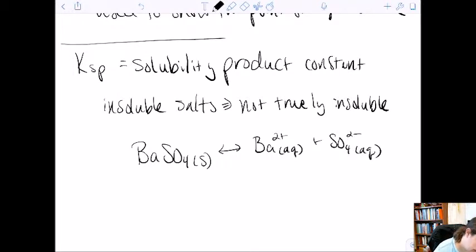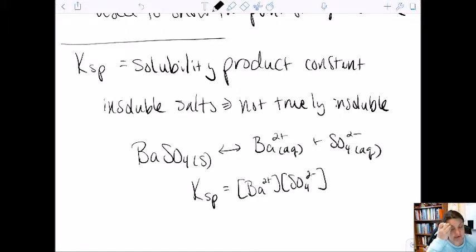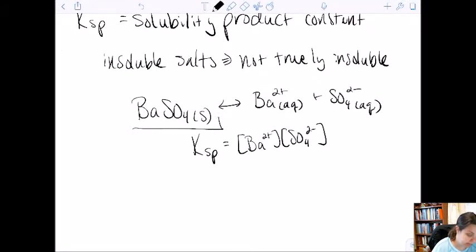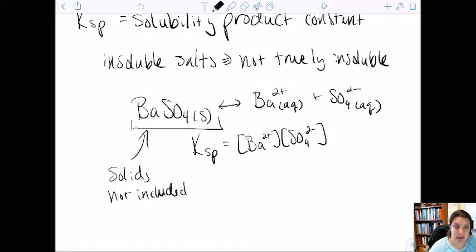And this solubility is based on KSP. So KSP is going to be our ions themselves. So it's one of the easiest equilibrium expressions that we see, and the solid is not included because it is a solid. Okay.